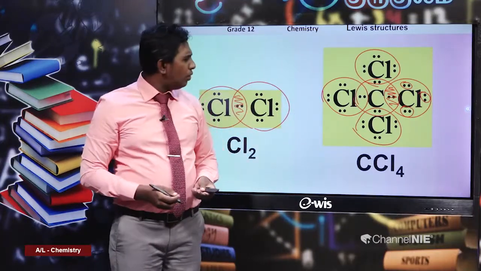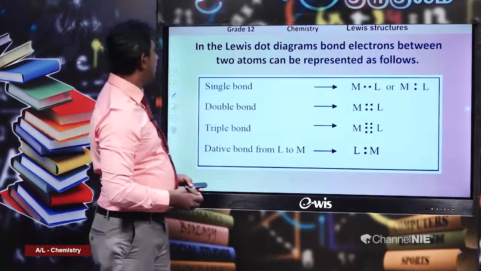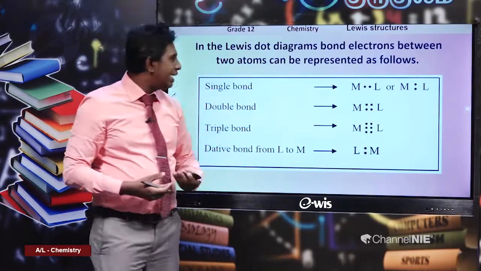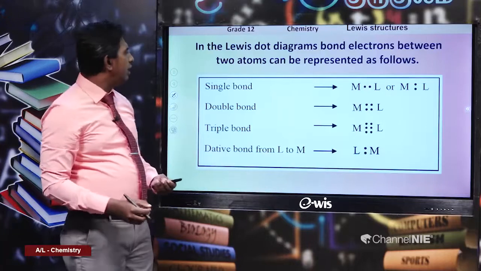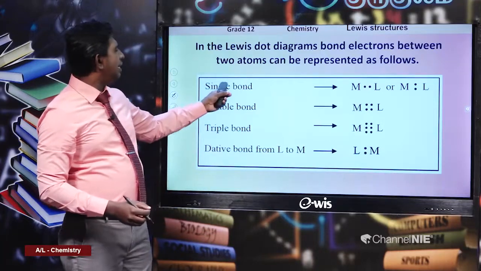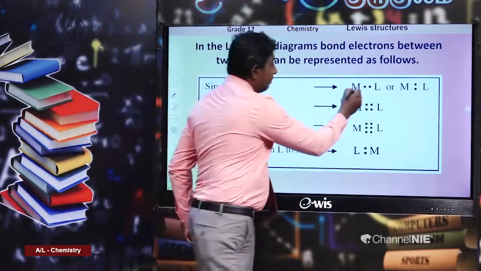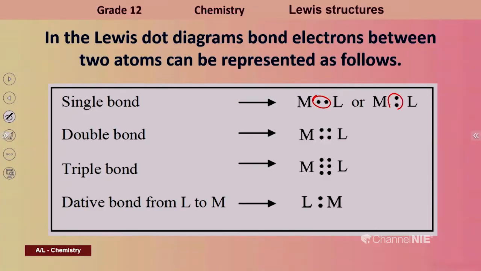Okay, so then students, let's go ahead. When you denote those pairs of electrons, as I have already mentioned, a single bond carries 2 electrons. Those 2 could be denoted either as a line that links 2 atoms or in a manner perpendicular to that.